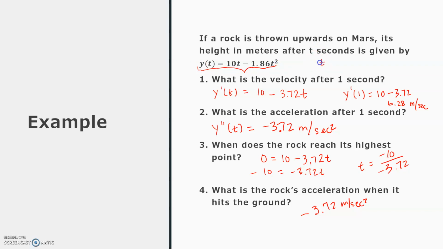So if I do that, I'd have t times 10 minus 1.86t, and the rock is going to start on the ground, so t equals 0, you're at the ground, and then the other time that it hits the ground would be when this is equal to 0. I don't really have to figure that out because acceleration is always the same thing, so I don't have to know when it hits the ground. But if you're curious about when it hits the ground, that's how you would solve that.